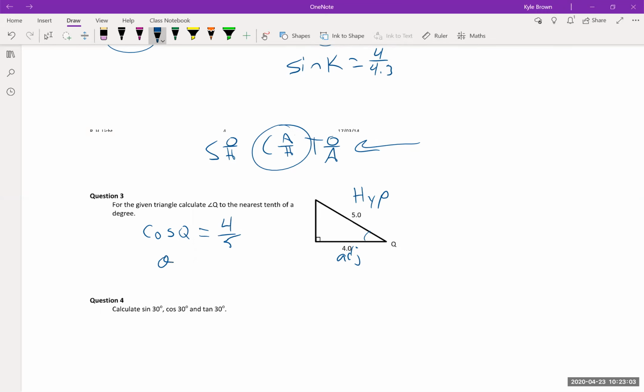So then Q is equal to cos^-1 of 4 over 5. In your calculator, we can go cos^-1 of 4 divided by 5, and we get angle Q is equal to 37 degrees.